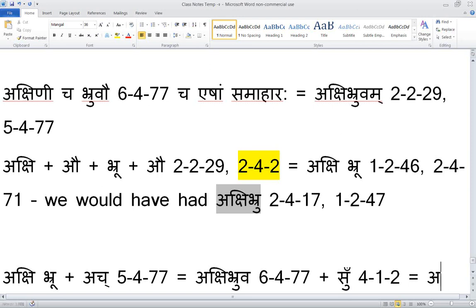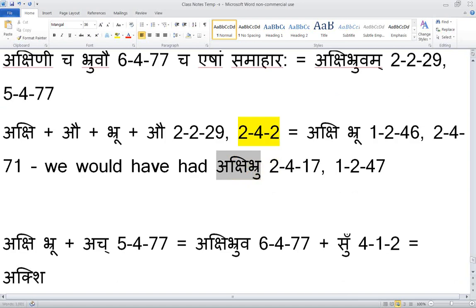The final form becomes akshibhruvam. So sanapumsakam, atoam, and then amipurvaha.